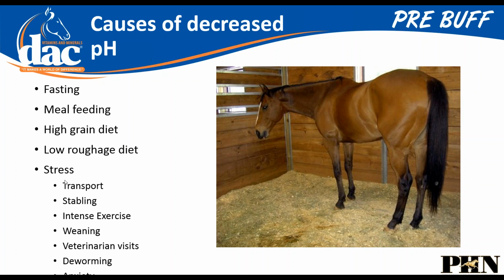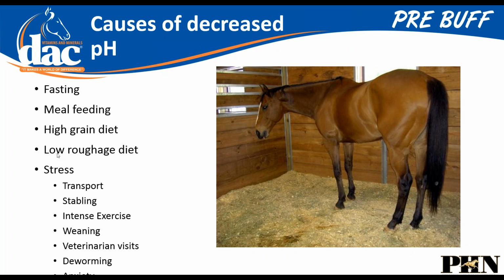So these are all things that we can preempt. We know most of the time when they're going to happen, and so we could utilize a product prior to that stressful event in order to buffer that stomach acid just to get them through that particular event.